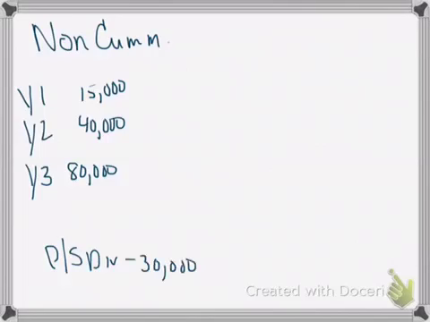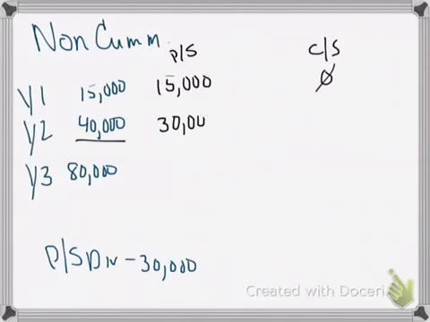We're only paying out 15, and these guys are due 30, so they get the full 15 because we didn't pay enough out to pay them. My common stockholders are not going to get anything. The next year, we're paying out 40,000. My preferred stockholders are due 30,000, so that leaves 10,000 for my common stockholders, because 40,000 minus 30,000 equals 10,000.